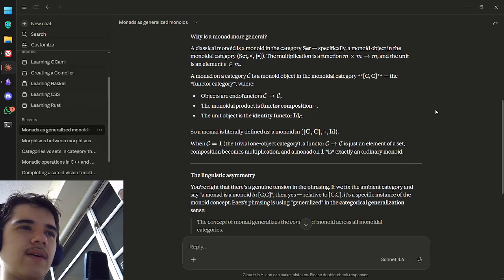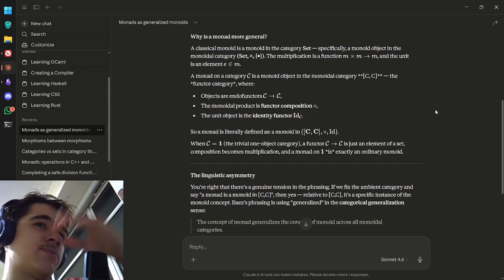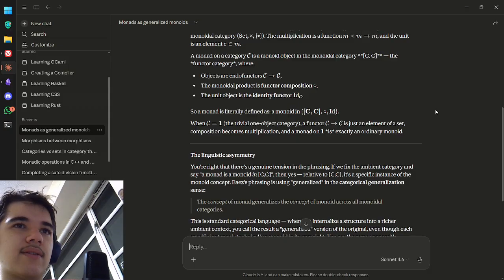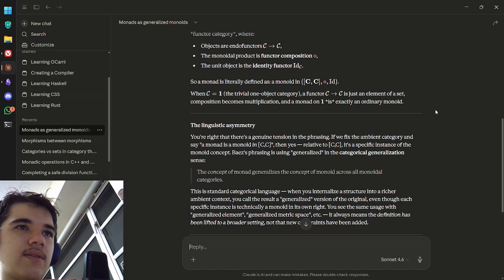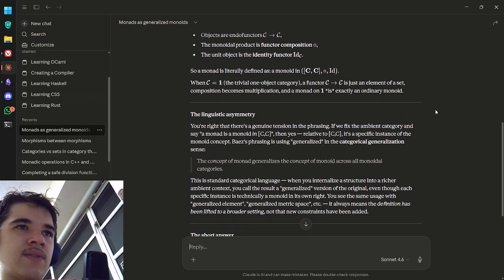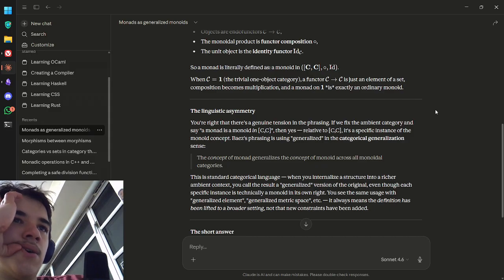Okay, a monad on a category C is a monoid object in the monoidal category, the functor category, where the objects are endofunctors. So a monad is literally defined as a monoid in the category of endofunctors, with composition and identity.